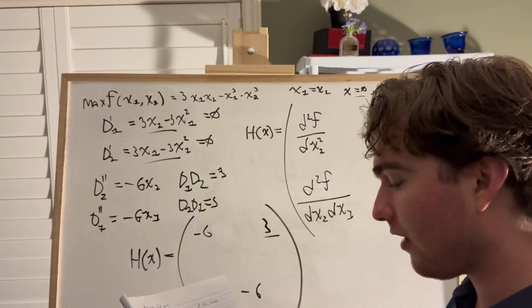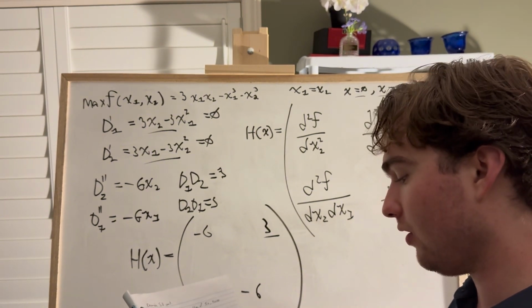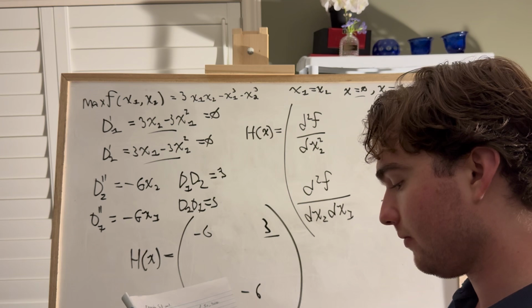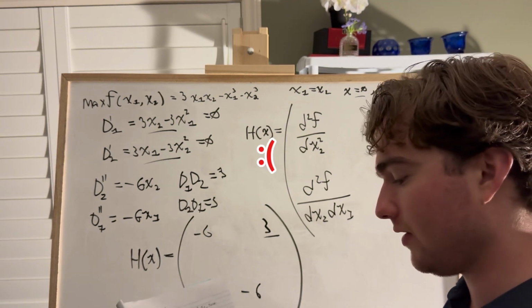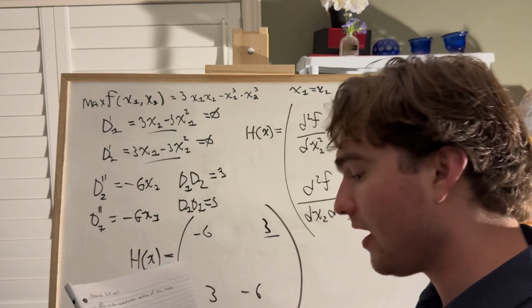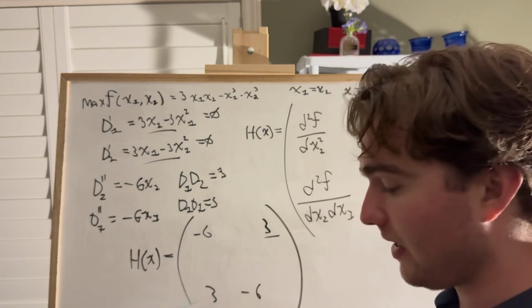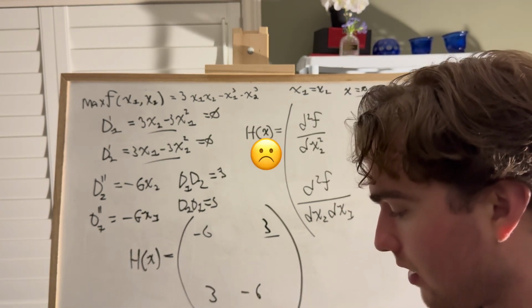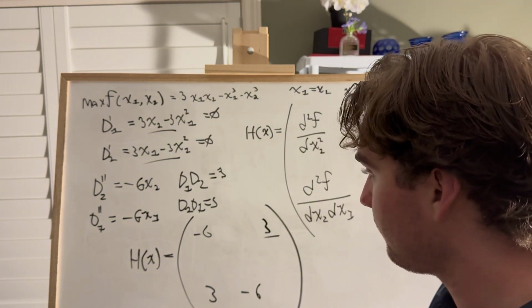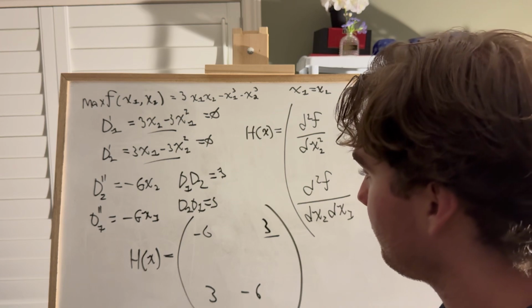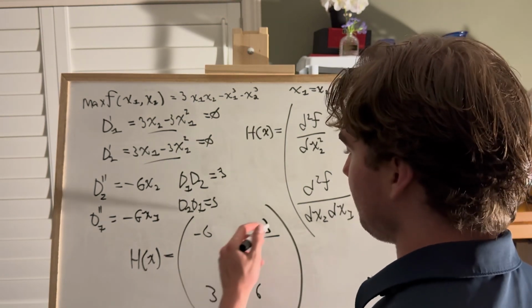If all the eigenvalues are negative, you're at a local maximum. And if eigenvalues have mixed values, you're at a saddle point. Mixed signs, right? You've got negatives here and you've got positives.